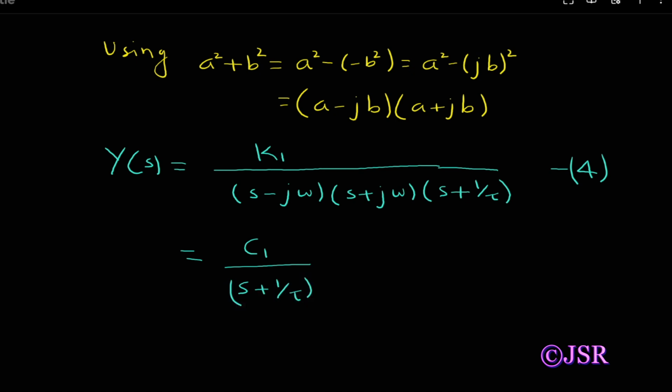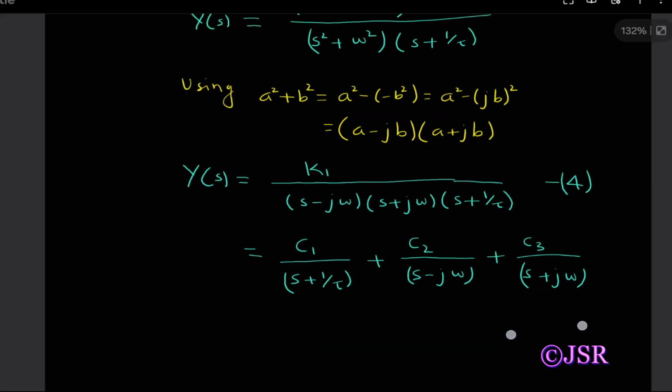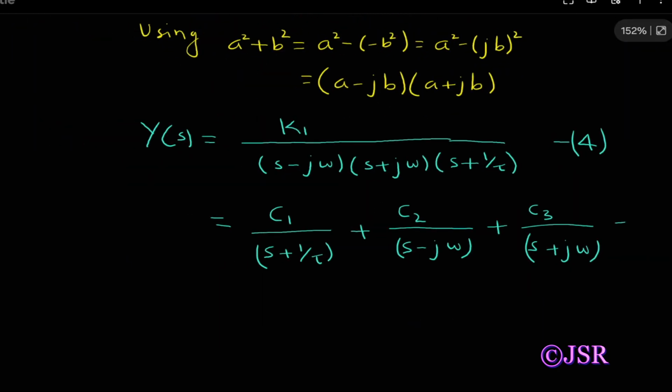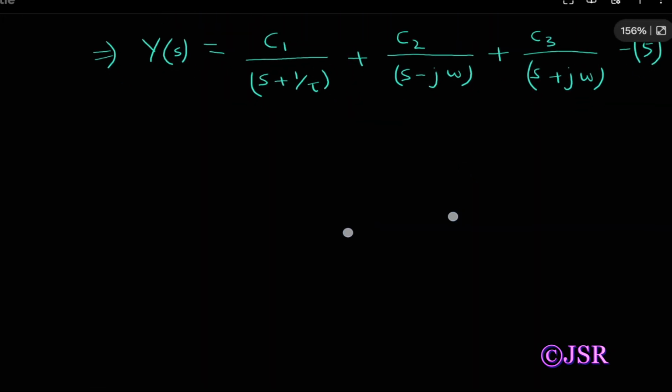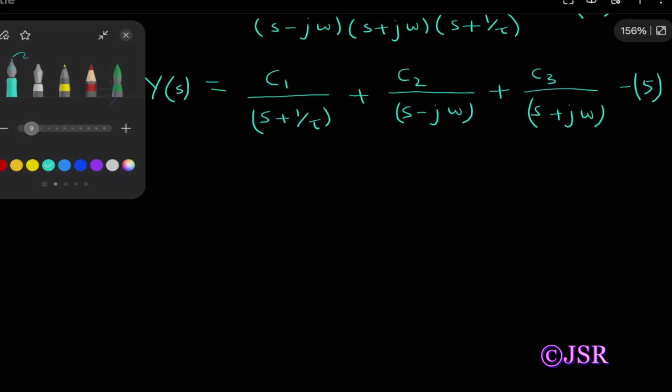So here we will use C1 by s plus 1 by tau as the first term, C2 by s minus j omega as the second term, plus C3 by s plus j omega as the third term, and this is y of s.